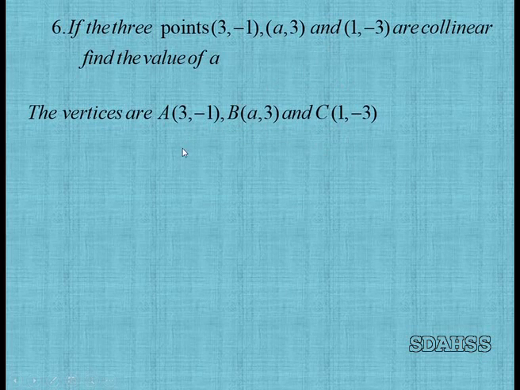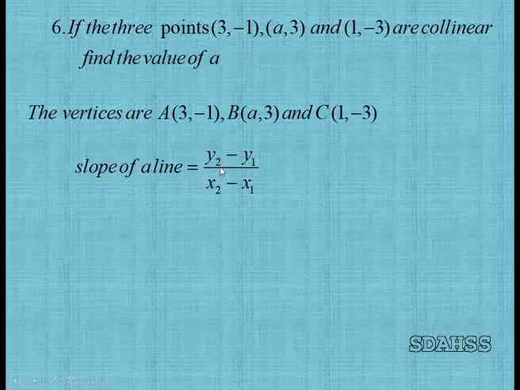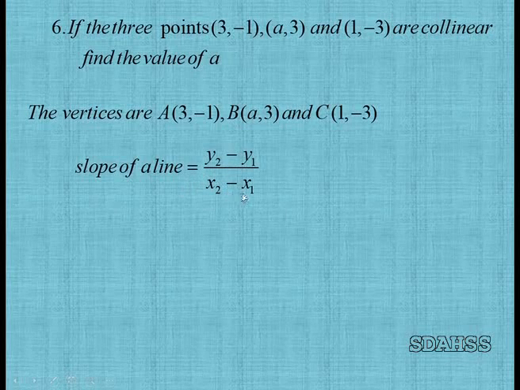Then find the slope. Slope is equal to, we know that y2 minus y1 divided by x2 minus x1. Here the points are collinear.